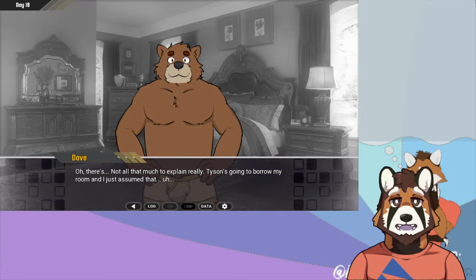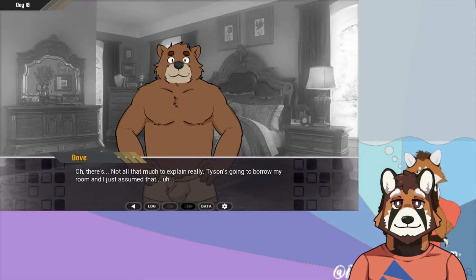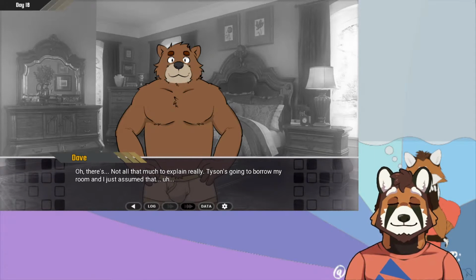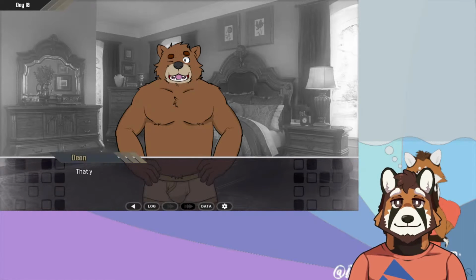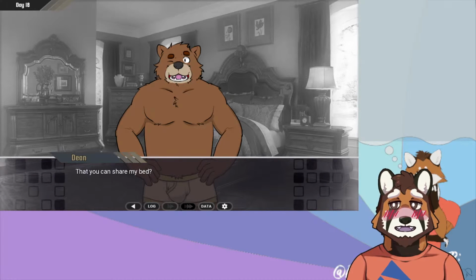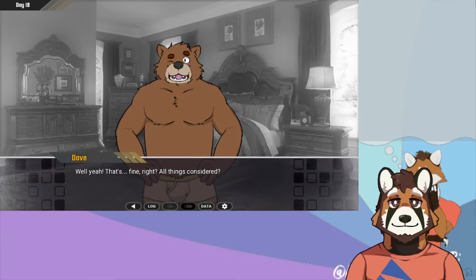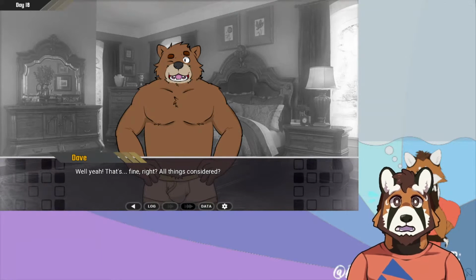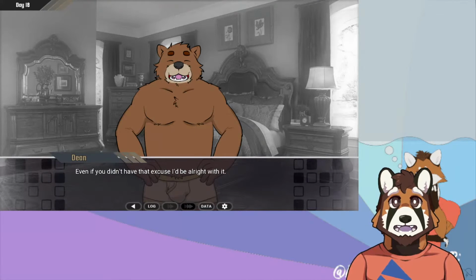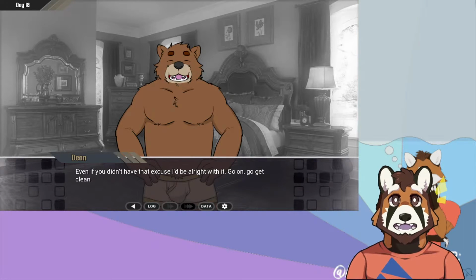Tyson's going to borrow my room, and I just assumed that you could share my bed. Well, yeah. That's fine, right? All things considered. Even if you didn't have that excuse, I'd be fine with it. Go on, go get clean.